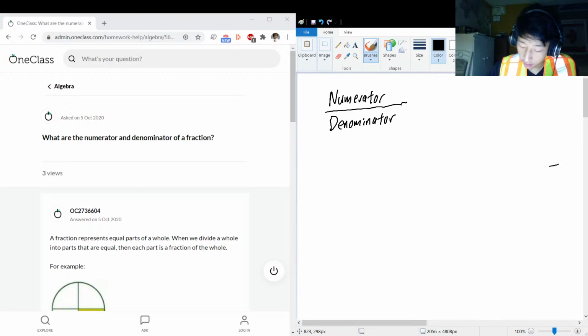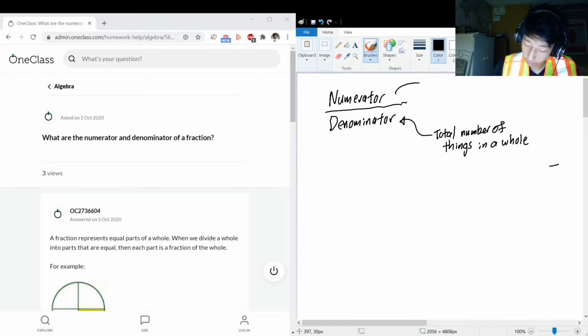Okay, so the denominator is the total number of things in a whole, and the numerator is the current number of equal components to a whole.